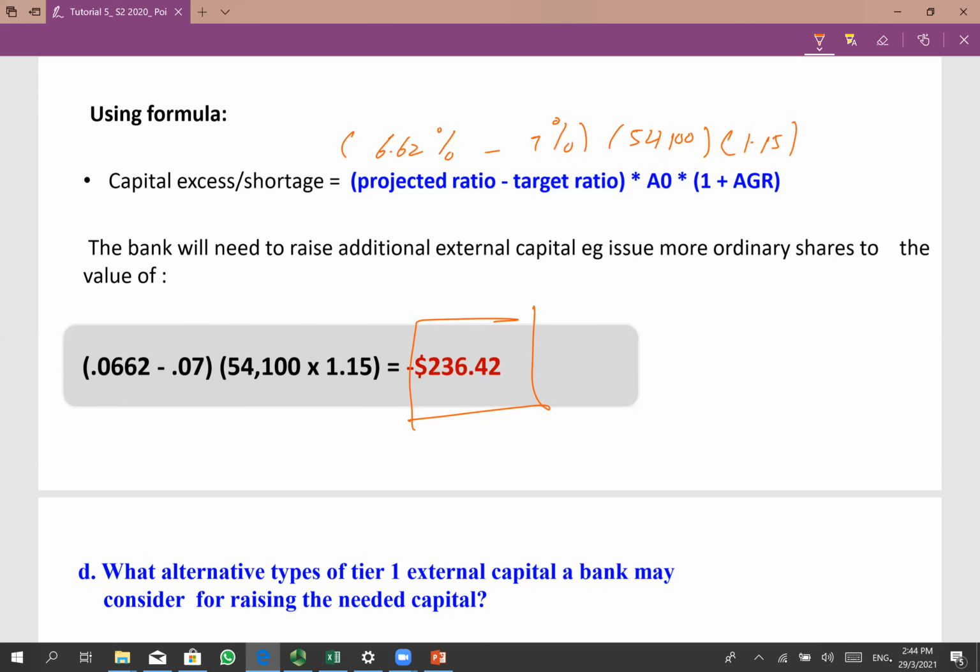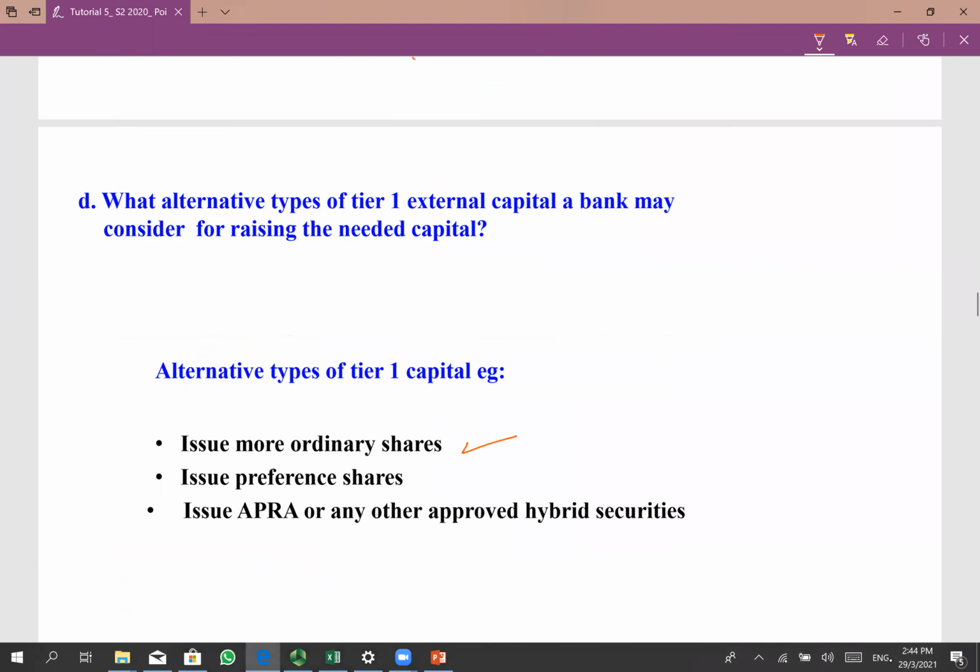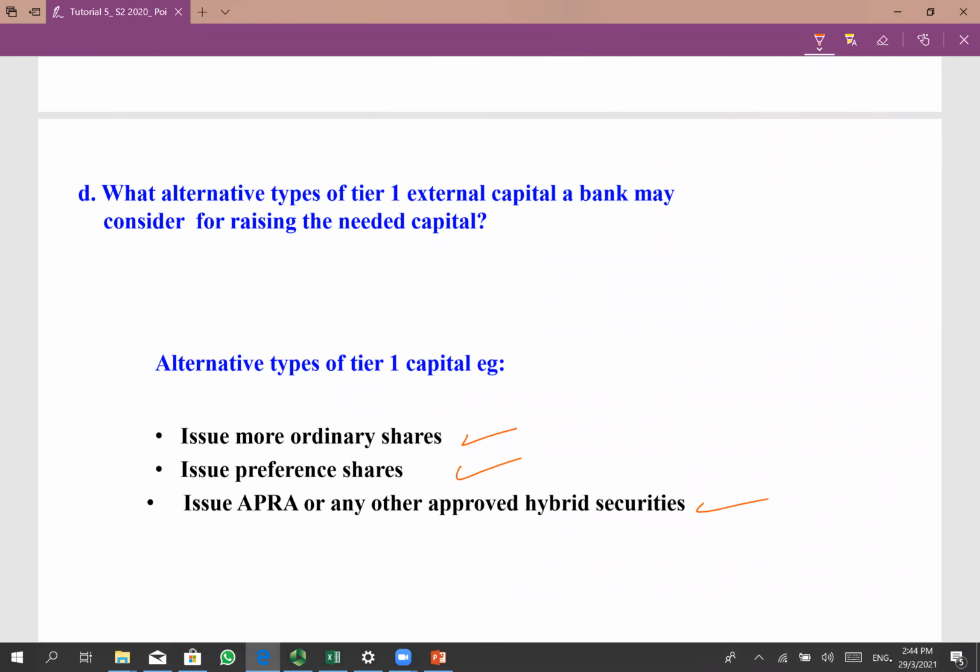If it distorts my target capital and my target capital increases, I have to calculate what we call the deficit in my capital, which I calculated here to be 236. I go and raise it from these areas. This is now theory. I can go issue equity, or tier one. This is tier one capital. I go and increase tier one capital.